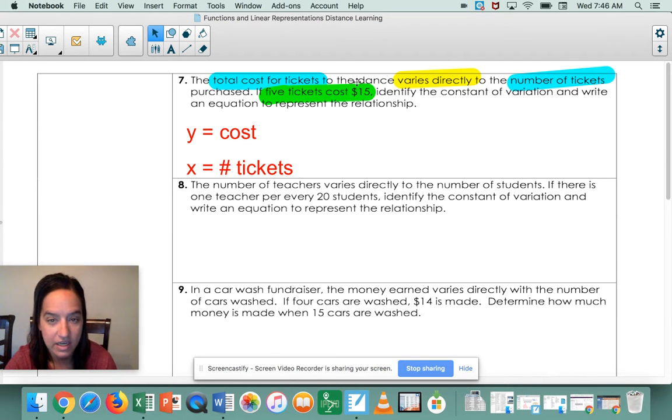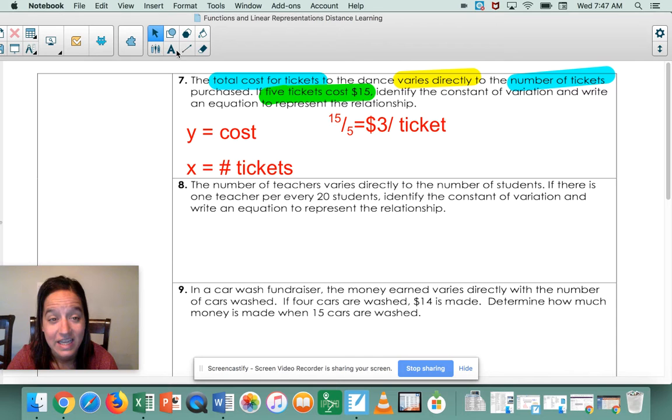So I find the constant rate by taking a point, which is these 5 tickets for $15, making it into a fraction, and dividing. I'm going to take 15 over 5, and I know 15 over 5 is 3, so $3 per ticket.